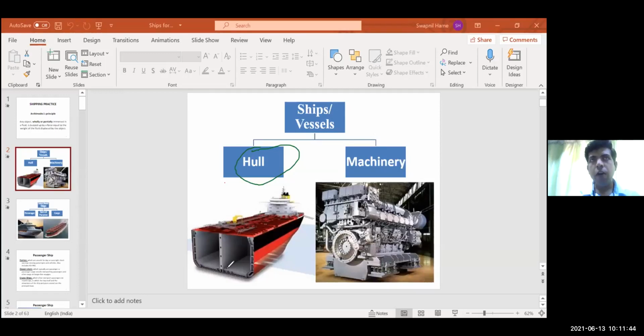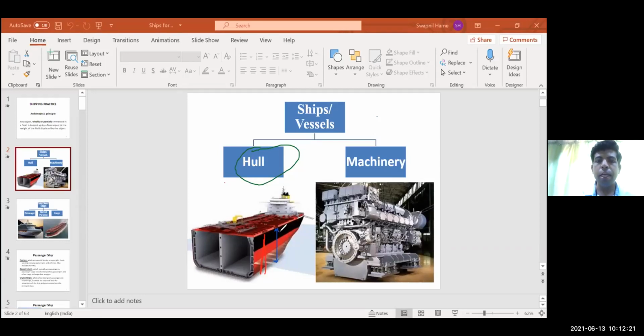See, where we are staying, you are at your home, I'm at my home. So obviously the boundaries of our home, we call it a wall, correct? Here you can see this particular boundary. Let me change the color, I'll take blue. From the bottom of the ship to the edge of the deck, you can see a particular structure.